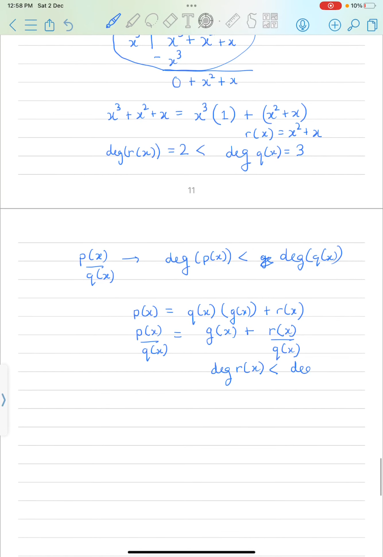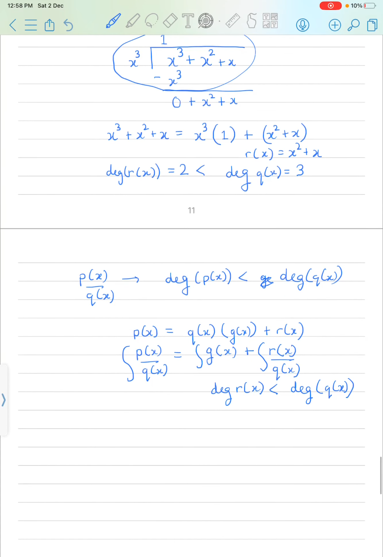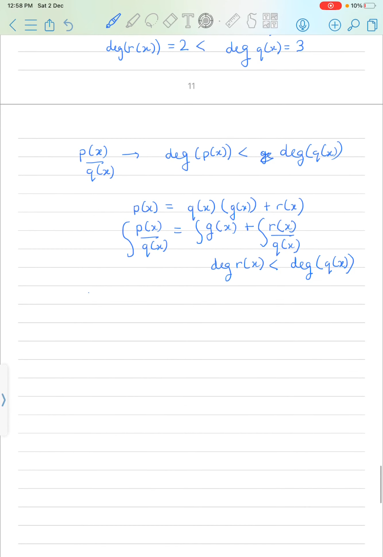This is a theorem, you don't need to know the theorem, you just need to remember that if you divide it, the remainder always has degree less than Q(x). So if you integrate this, you will get the integration of this and this. In our case we don't need it because we are given this thing.